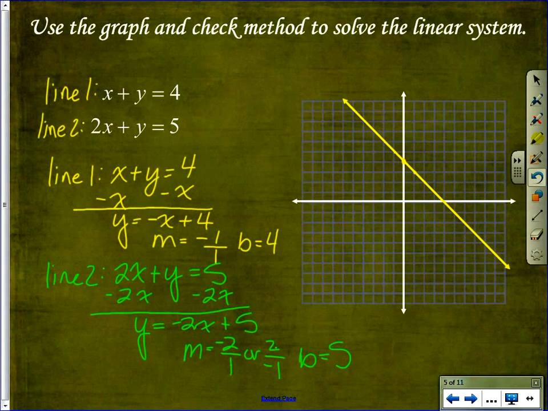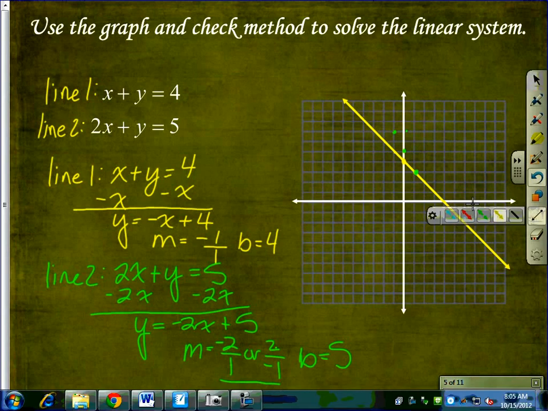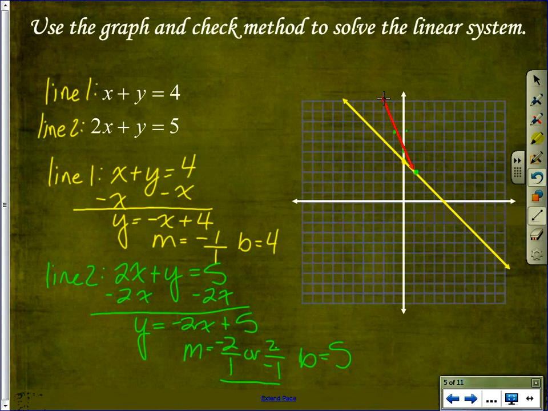Does that make sense? There's two ways to write slope every time. So I'm going to go up 5, and then I'm going to go down 2 over 1. We already know what that is: up 2, back 1. Draw a line. I guess we'll use red this time.